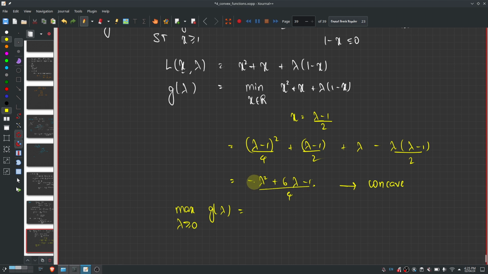And that is greater than 0. So that should be the true maximum. So when you plug in lambda equal to 3, what do you get? It's minus 9 plus 18 minus 1, which is 8 by 4, which is 2.